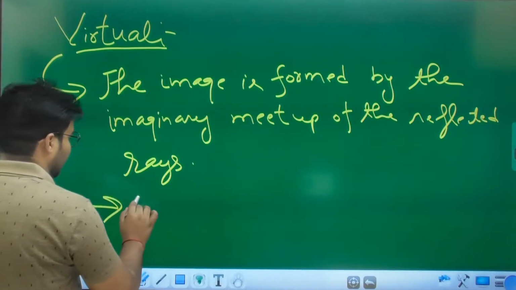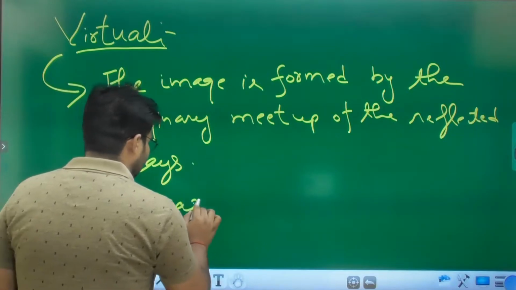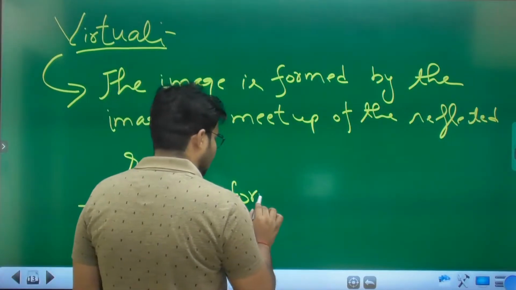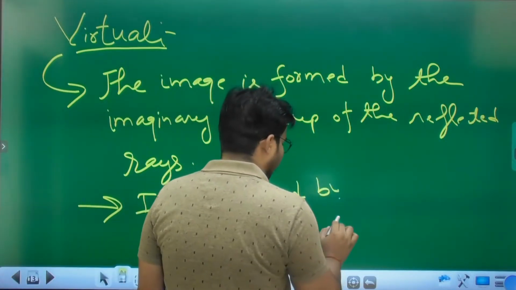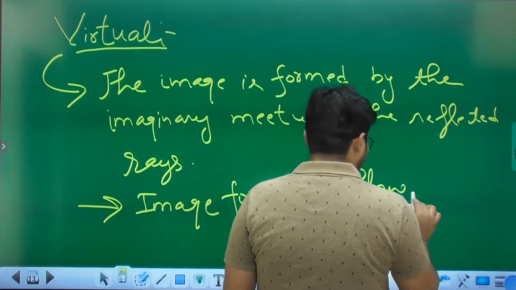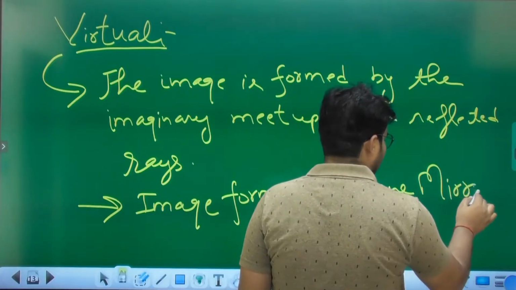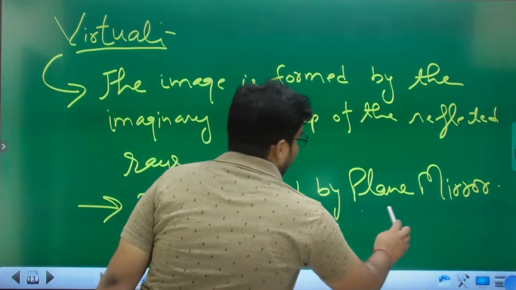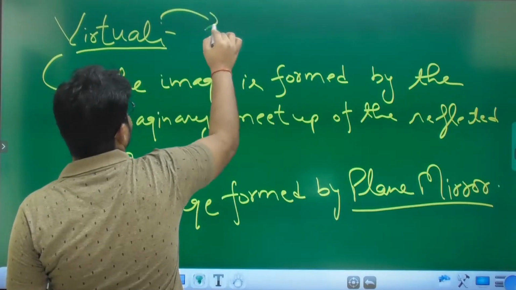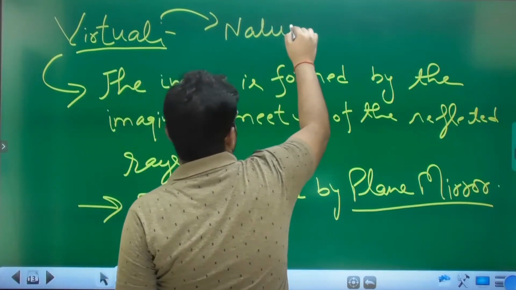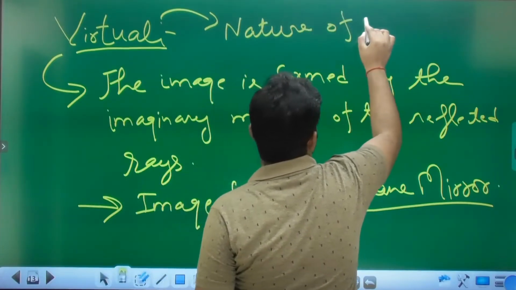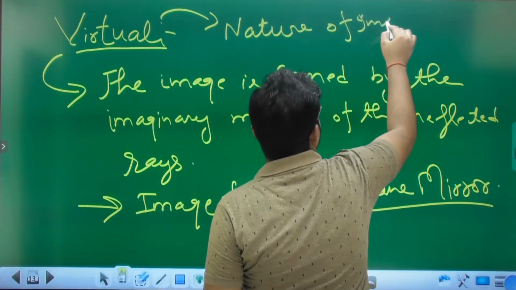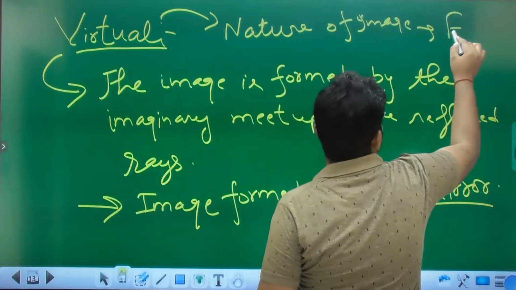So the image formed by a plane mirror is called virtual. And the nature of a virtual image is always erect.